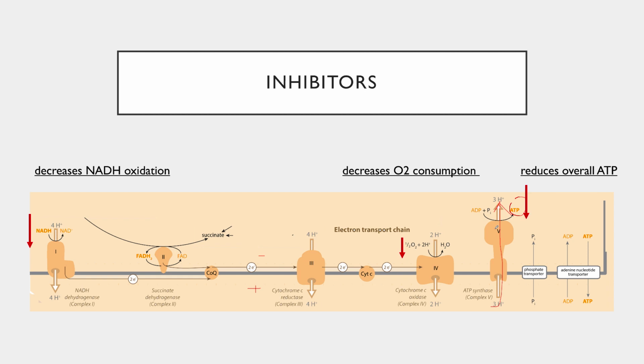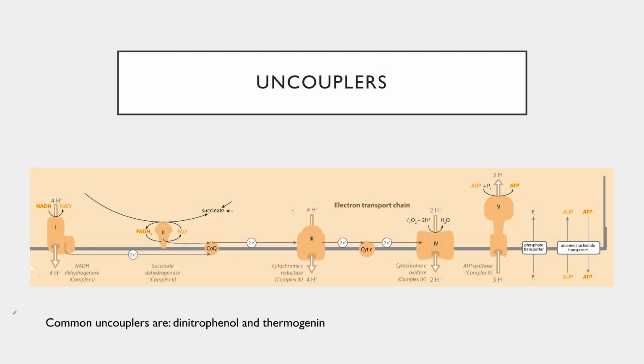This will be in contrast to what we see with the addition of an uncoupler. So uncouplers are a little different in nature, and these can be chemical compounds or they can be biological proteins, such as thermogenin. These are two very common uncouplers. And as defined by their name, what they do is uncouple the passing of electrons with the pumping of protons through complex 5.